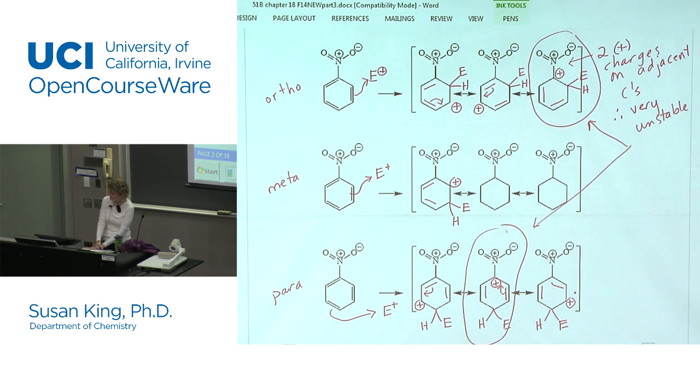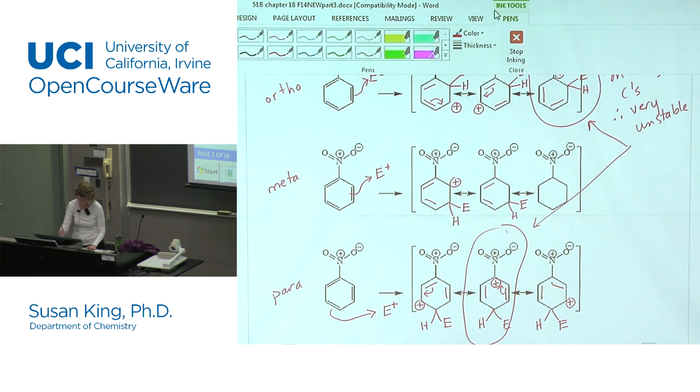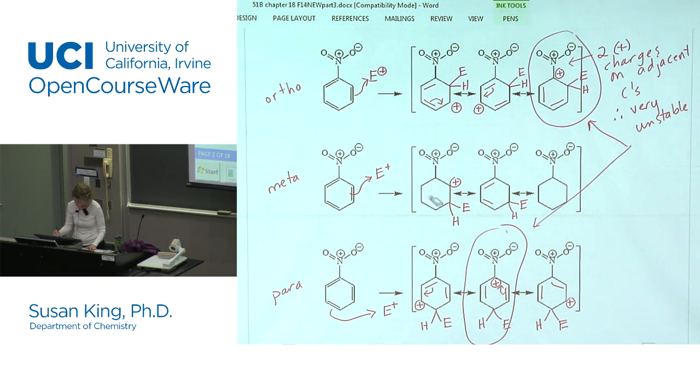So when we have ring deactivating substituents doing electrophilic aromatic substitution, the best one, I didn't finish the meta, let me finish the meta. The best one is the meta. It's not especially stable, but let me fix that.